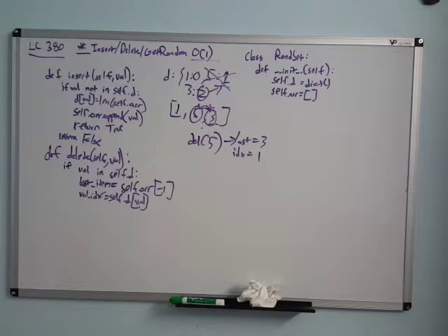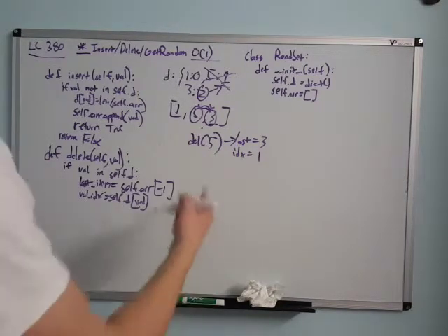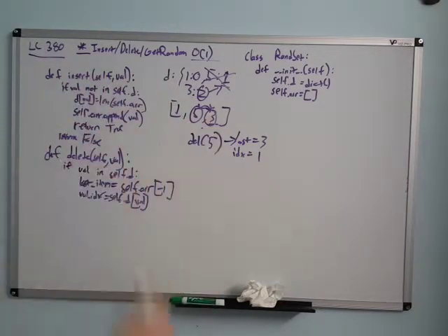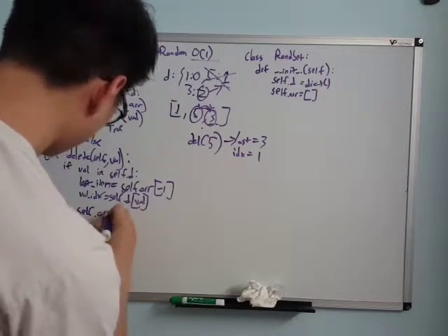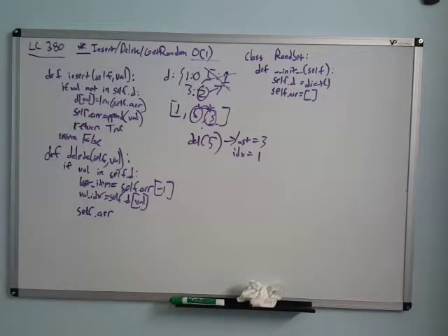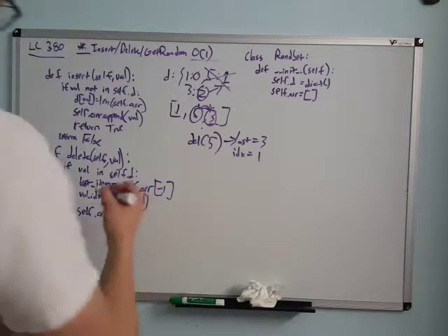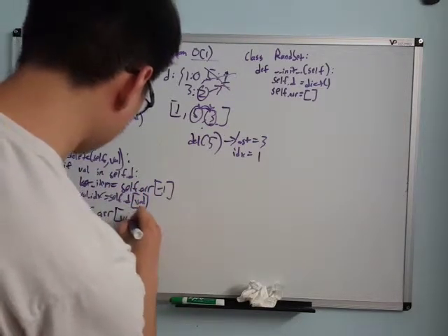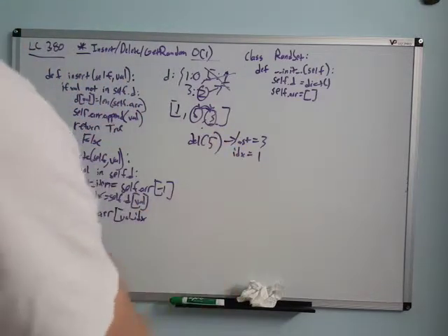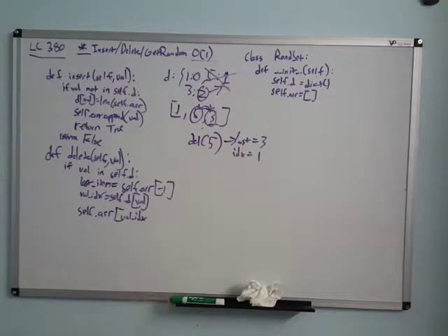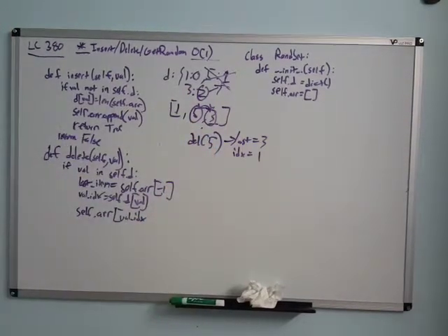Now, like I said, we need to swap these things. So we do self.array of value idx, which is 1, right? This.